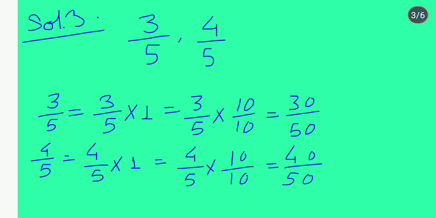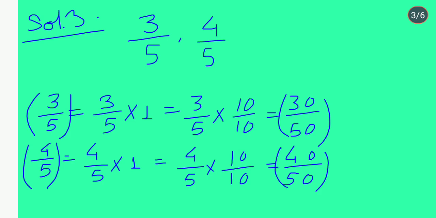So now you can say that 3 by 5 is equal to 30 by 50 and 4 by 5 is equal to 40 by 50. Okay, so you have to find the 5 rational numbers between 30 by 50 and 40 by 50.